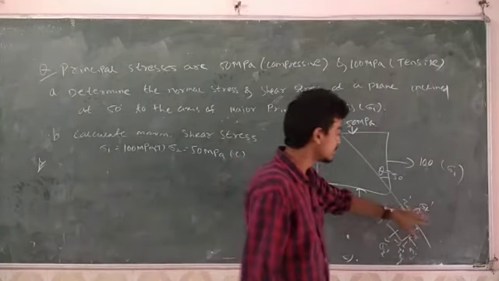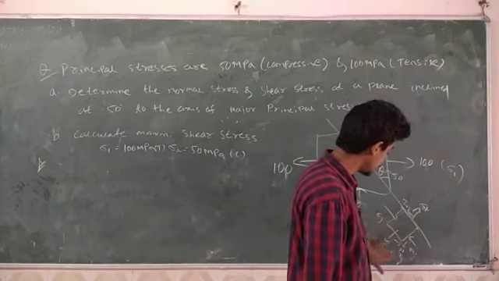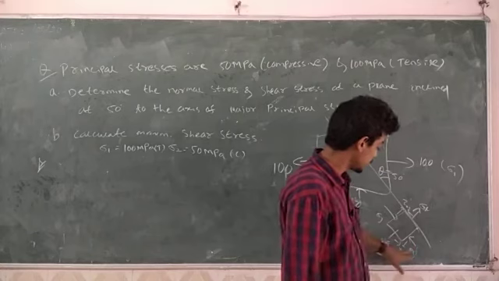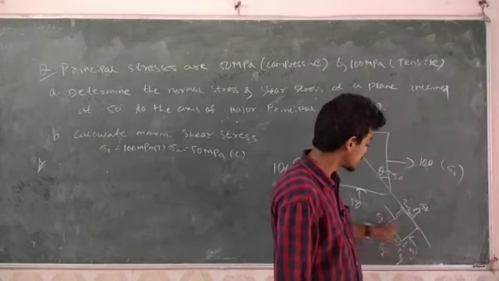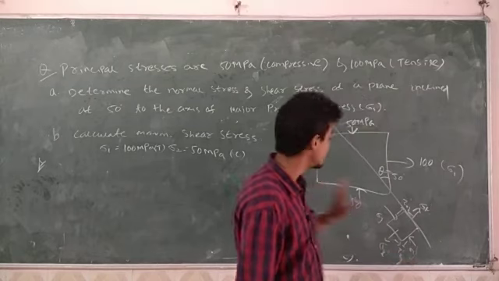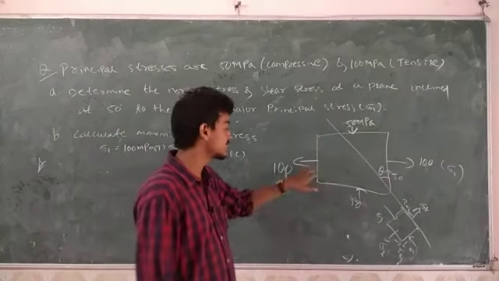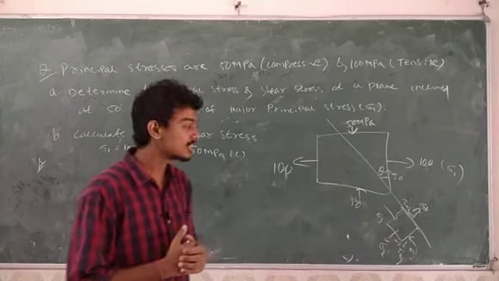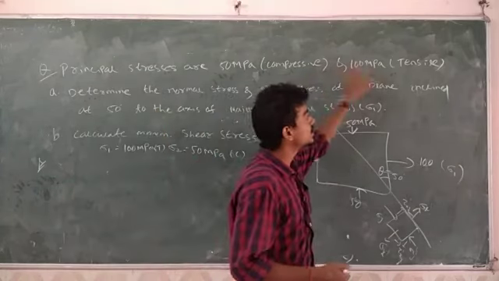Normal stress will come here. Here sigma x, here sigma y, tau xy. It is our case 2. In case 2, principal stresses are given and you are asked tau xy and sigma x. Only difference is 50 megapascal is compressive, here tensile.